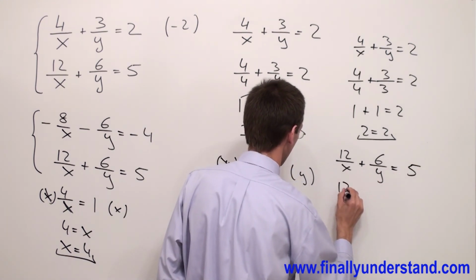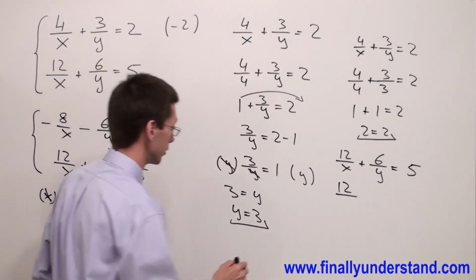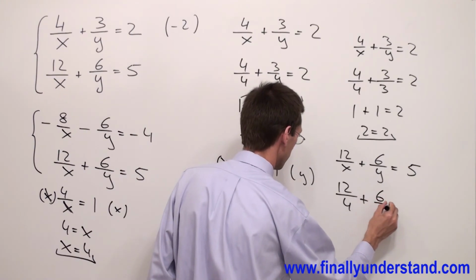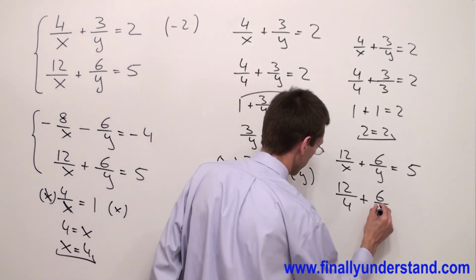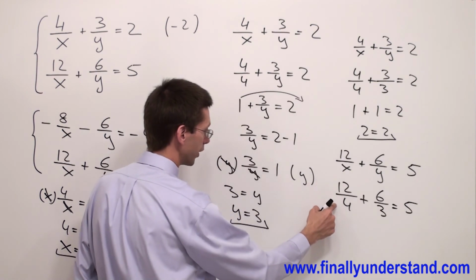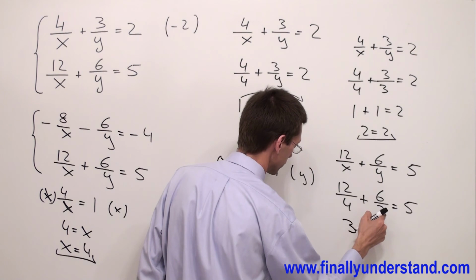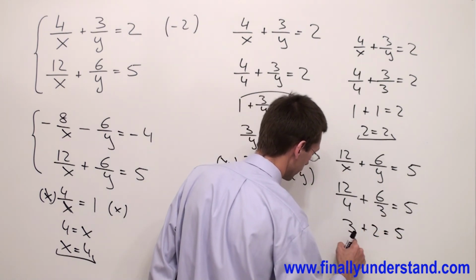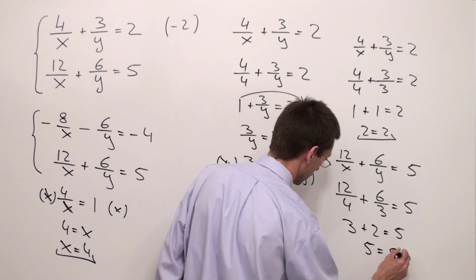I have 12 over 4 because x is equal to 4, plus 6 over y, where y is equal to 3, is equal to 5. 12 divided by 4 is equal to 3, plus 6 divided by 3 is equal to 2, equals 5. 3 plus 2 is equal to 5. 5 equals 5.